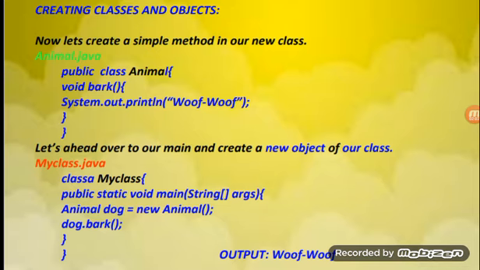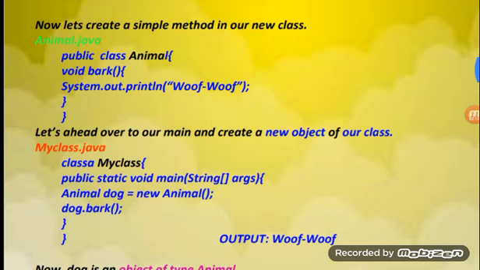Let us head over to our main and create a new object of our class by using the above code, MyClass.java. The program name is Animal.java, and the next one is MyClass.java, and the class MyClass has public static void main String args.